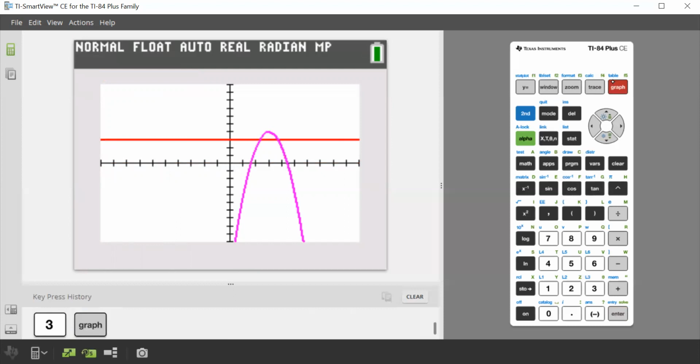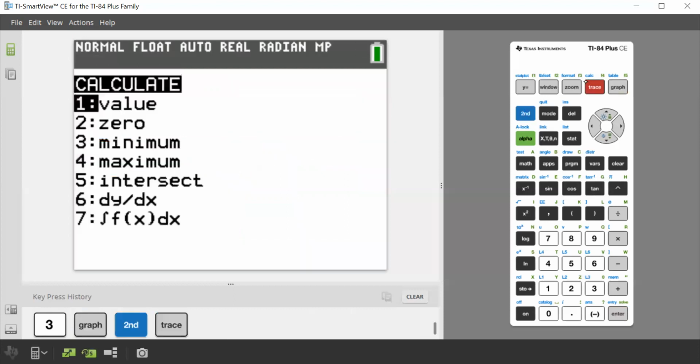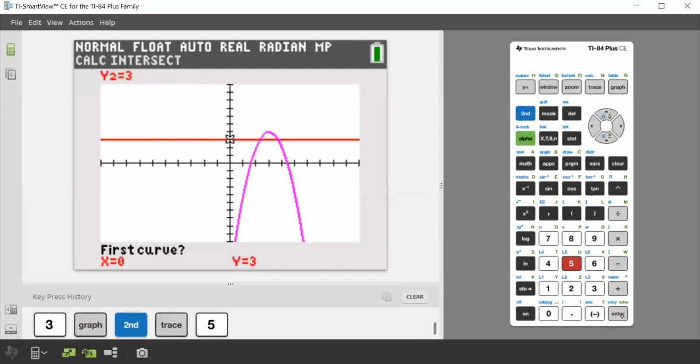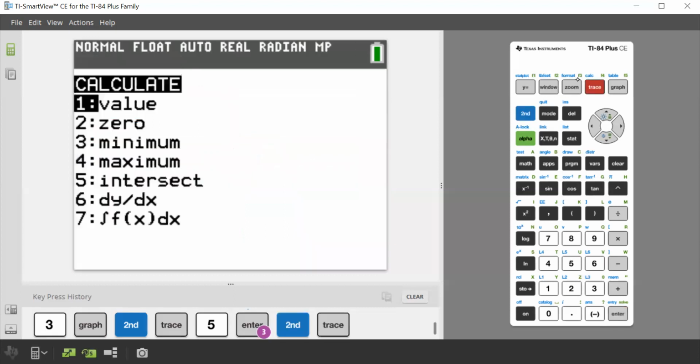And again, I want to find where 2 lines cross, second, trace, intersect. And again, enter, enter, enter, there it is. Okay, so the main features we're going to use here in calc are value, min, and max. Number 2, where it says 0, is another way to find an x-intercept. I don't use it. There's better ways to do it.